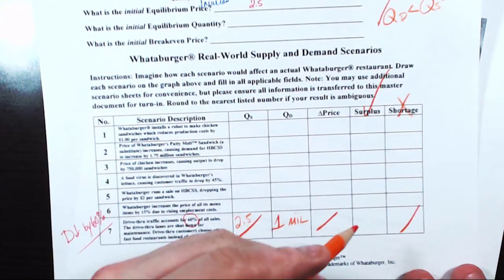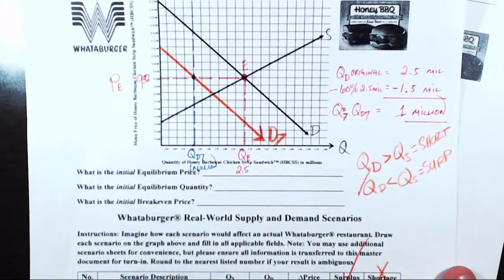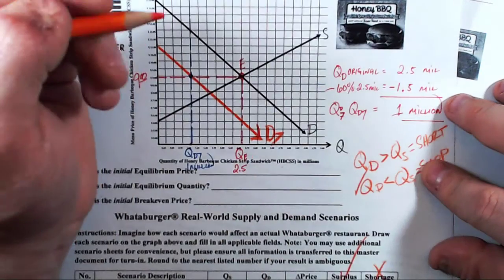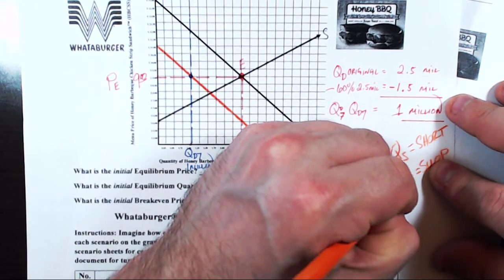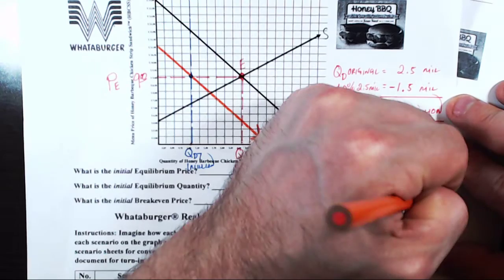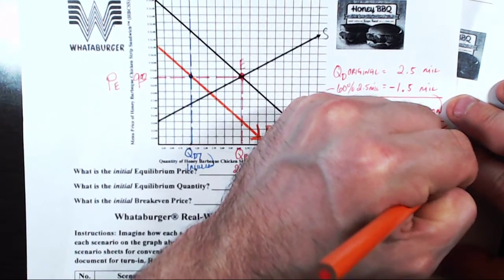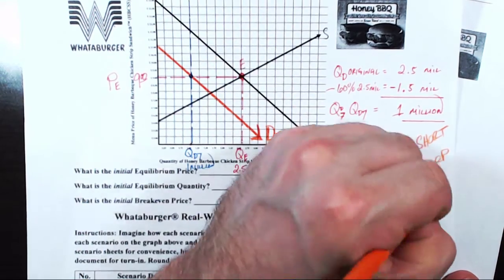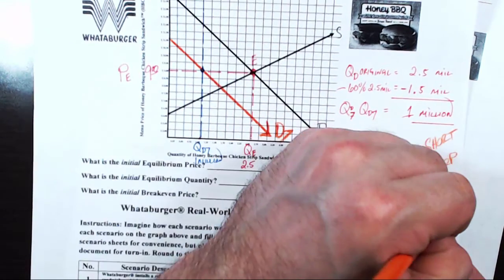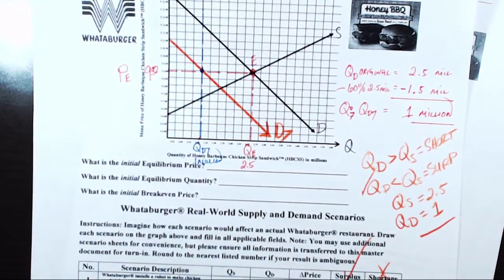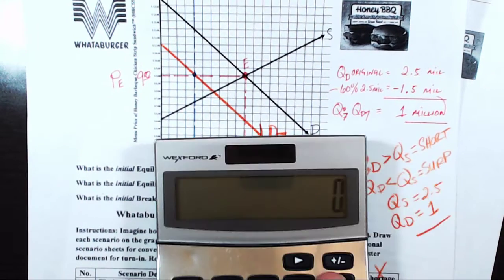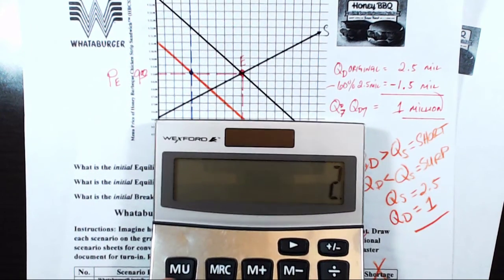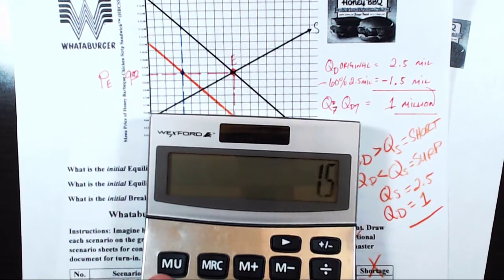Well, what is the value of the surplus? That is just equal to the quantity supplied, 2.5 million, and the quantity demanded, 1 million. So the value of the surplus is 2.5 minus 1, which is 1.5 million.